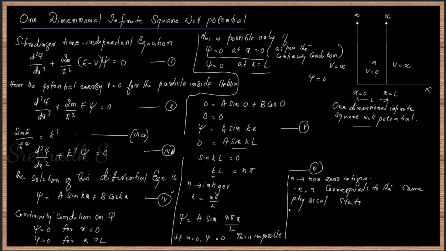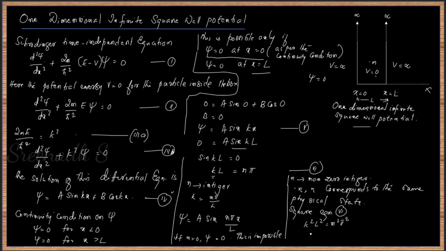Okay, so k square, we can just square this equation number 6. What will be the value? k square L square is equal to n square pi square.